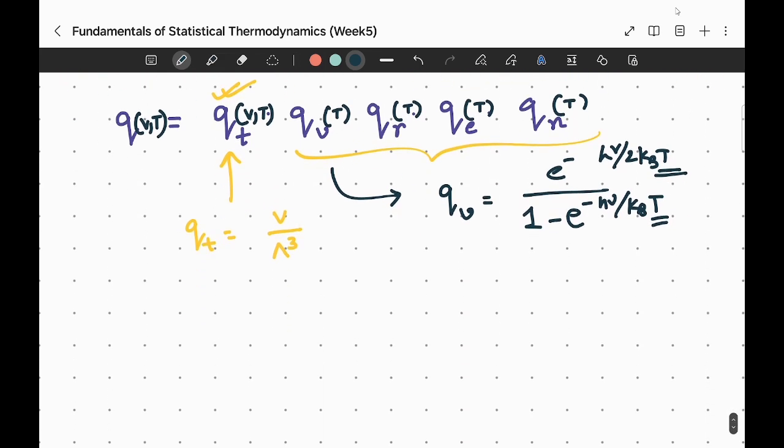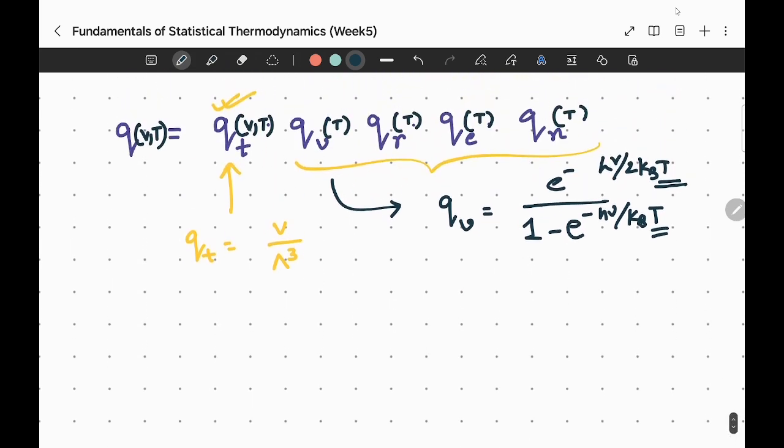If you look at the general form of the partition function, there is temperature, beta. So how can you ignore it? Beta is also temperature, 1 by kBT.